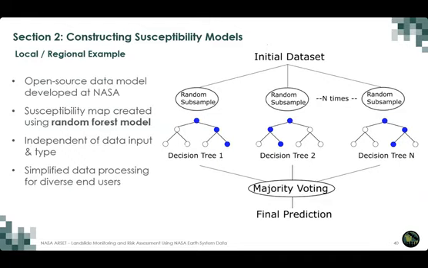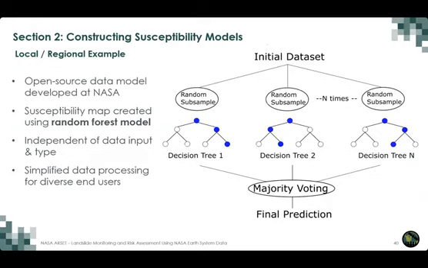You take a random subsample of the data set, apply a decision tree assessment to that, and that is done a number of times. The majority voting approach is taken, which leads to a final prediction. This allows us to produce a continuous probability estimate for a given pixel for the likelihood of a landslide, rather than a categorical 1 or 0 landslide likelihood.